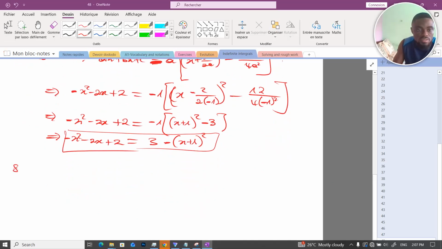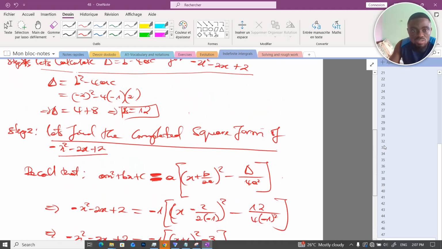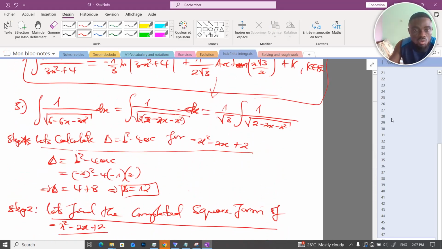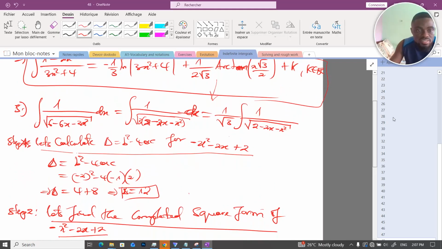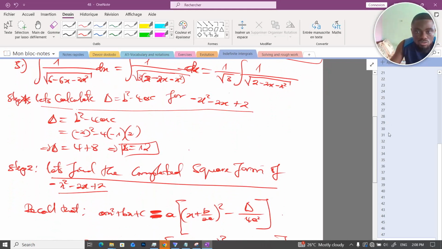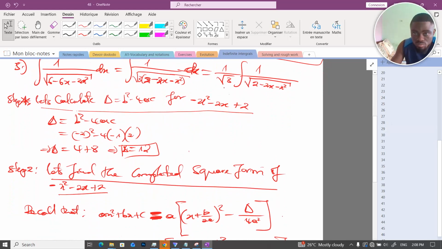So step 3 will be to find our integral that was given. Don't forget that there is a 1/3 here, be very careful.